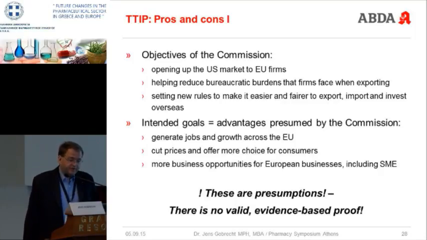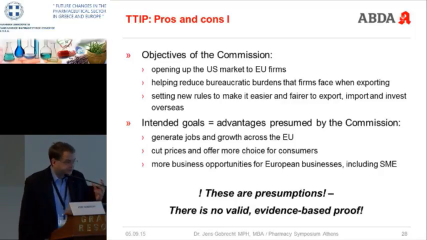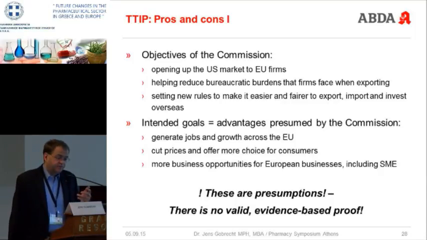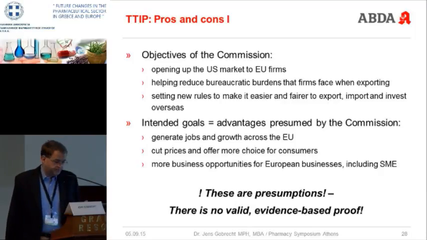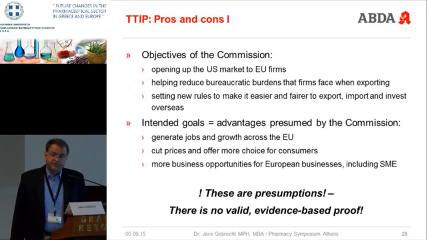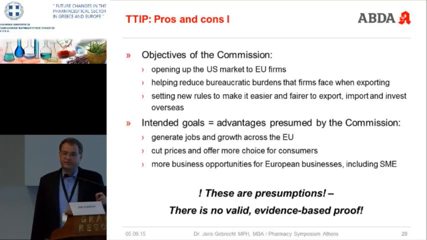And the intended goals, the presumed advantages, are to generate jobs and growth in the EU, to cut prices and offer more choice for consumers, and more business opportunities for European businesses, including SMEs, small and medium-sized enterprises.